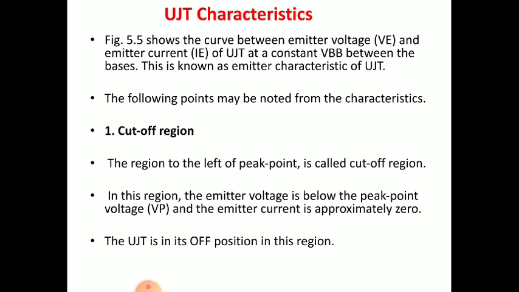Now we are going to learn about the characteristics. The figure shows the curve between emitter voltage V and emitter current I of the UJT at a constant VBB between the bases. This is known as the emitter characteristics of UJT.